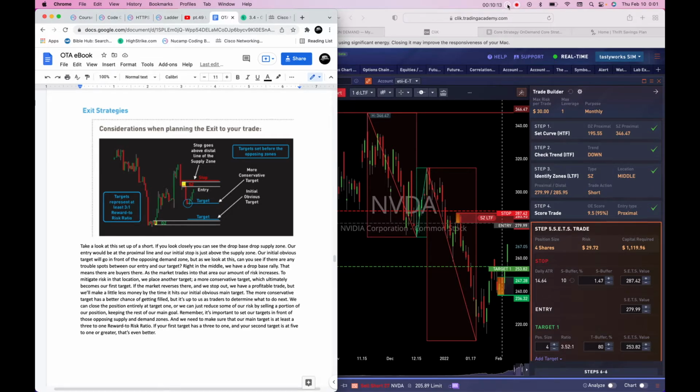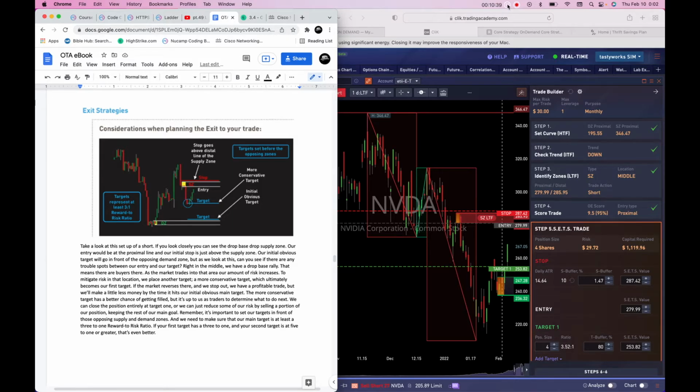But as we look at this chart, can you see if there are any trouble spots between our entry and our target? If you look closely, right in the middle, we have a drop-base-rally formation. That means there are buyers there. As the market trades into that area, our amount of risk is going to increase.